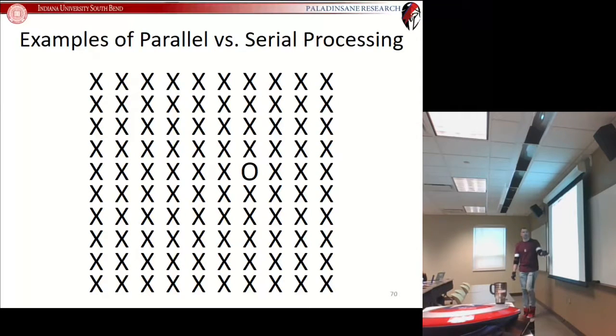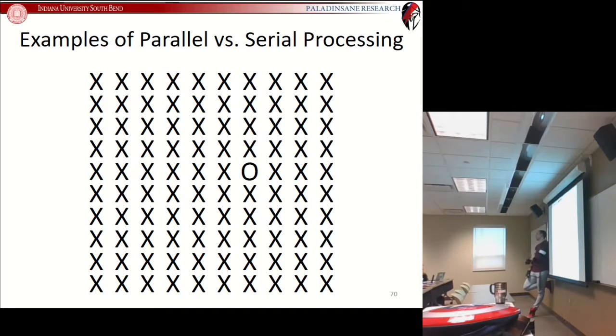So you'll notice that in this case, there was no change in the speed that you were able to find that O as we increase the number of distractors. And this is another example of parallel processing, which is the ability to take in all the information, process it all at once, and say, oh, there's the O. Because you could take in the 62 X's very easily and the O and say, boom, there's the O. Your reaction times did not change as the number of distractors increased.